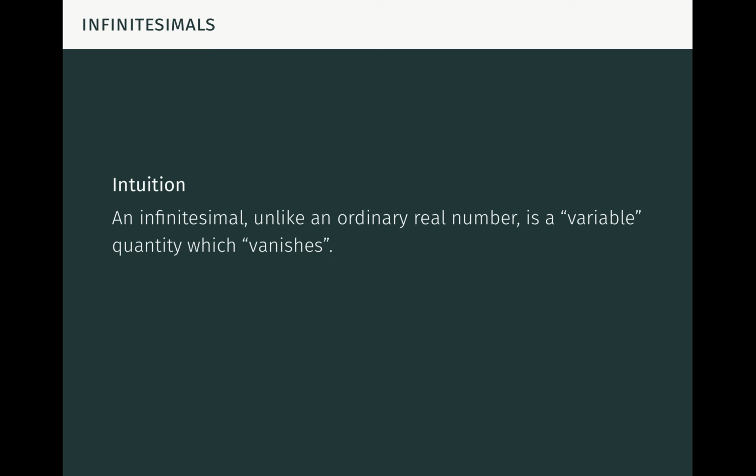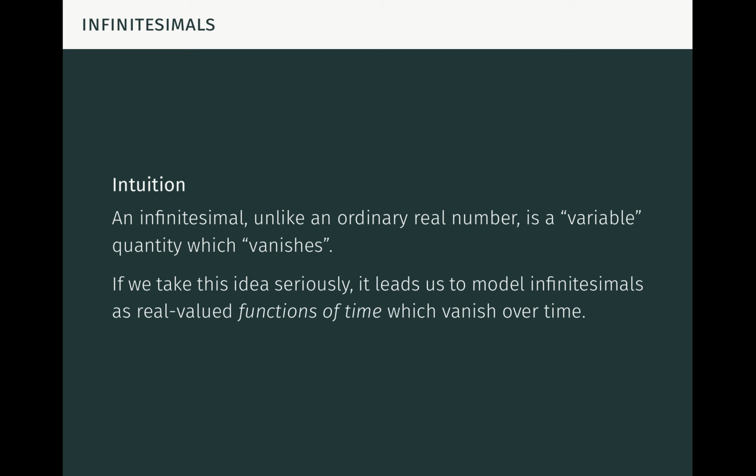So we start with the intuition that an infinitesimal, unlike an ordinary real number, should be a variable quantity which vanishes. This intuition is actually present in some of the writings of Leibniz and Newton and other mathematicians like L'Hopital and Cauchy. If we take this idea seriously, it leads us to model infinitesimals not as real numbers, but as real-valued functions of time, which vanish over time.